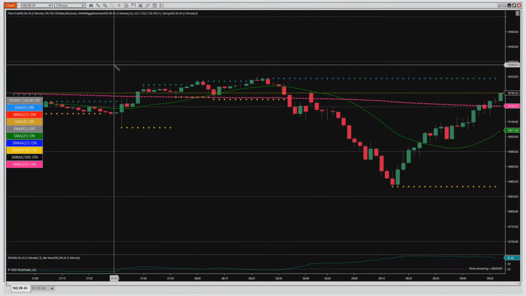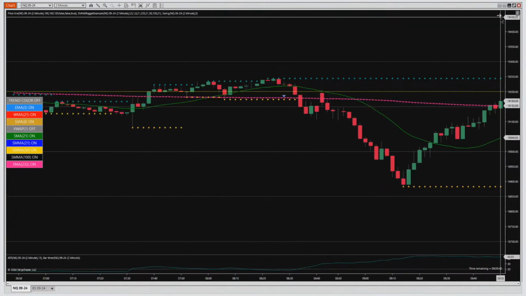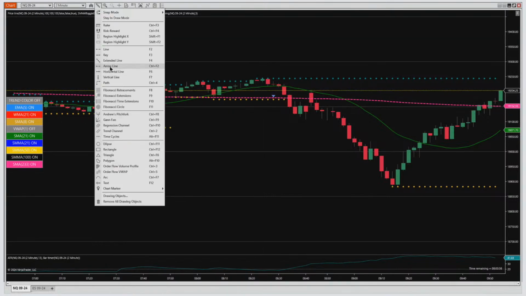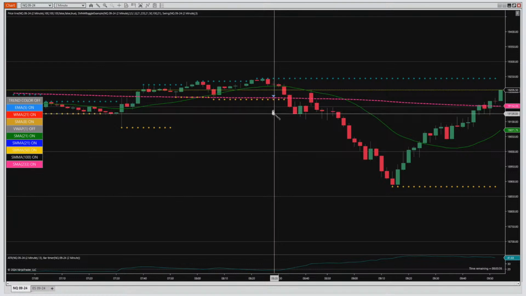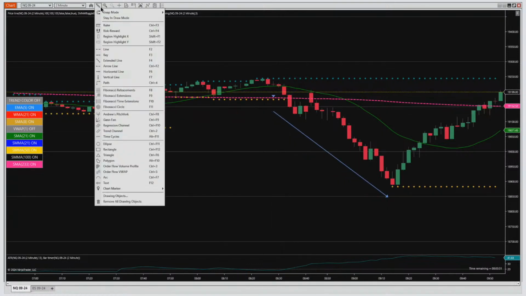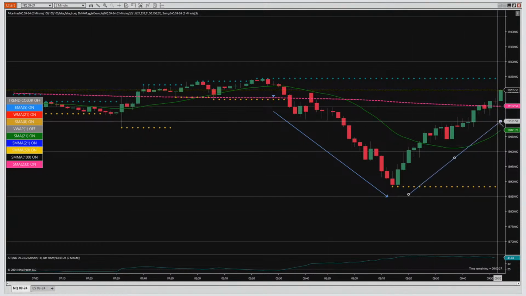The market came down like this, and then went up.